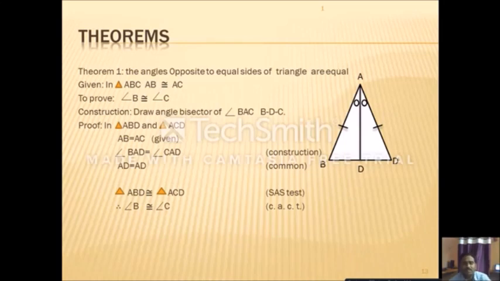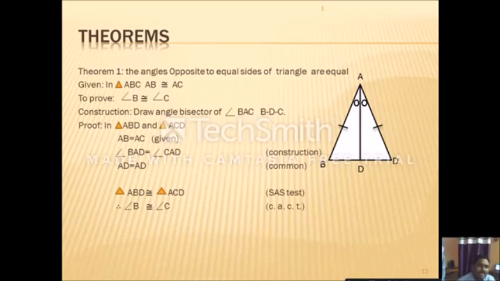Now in triangle ABD and triangle ACD, AB is congruent to AC because given, angle BAD is congruent to angle CAD because of construction, AD is equal to AD because common, and therefore triangle ABD is congruent to triangle ACD by the SAS test, and therefore by the corresponding angles of congruent triangles property, angle B will be congruent to angle C.